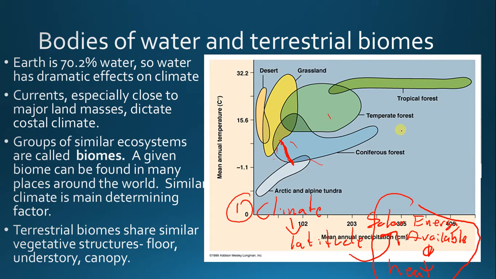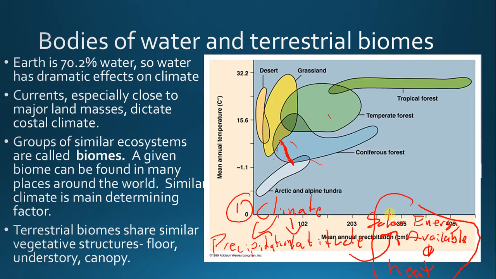And for further study, here's an example of different climates in North America. And besides the mean annual temperature, it also depends on precipitation. So precipitation, also very important.